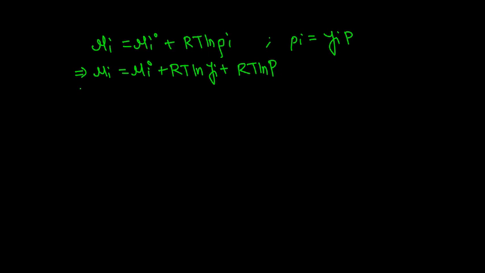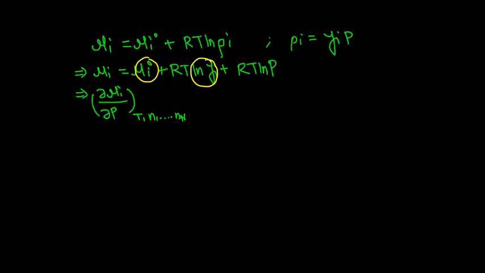So what I do now is differentiate both the sides with respect to pressure at constant T, N1 and so on. Now when I keep T constant, the derivative of this term is going to be 0 because mu i naught is a function of temperature only.